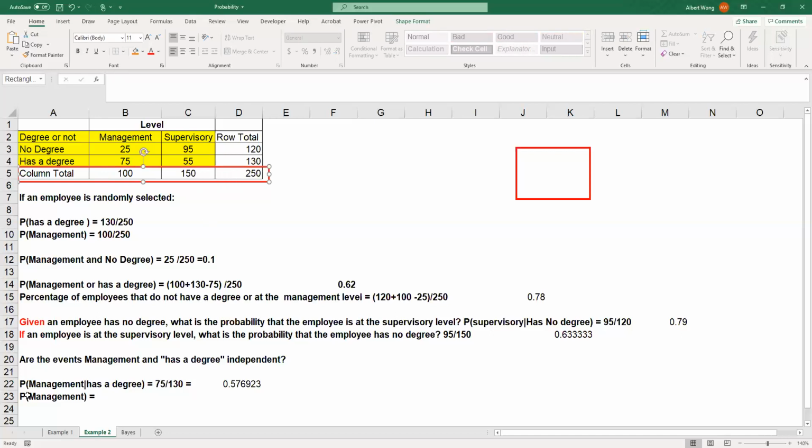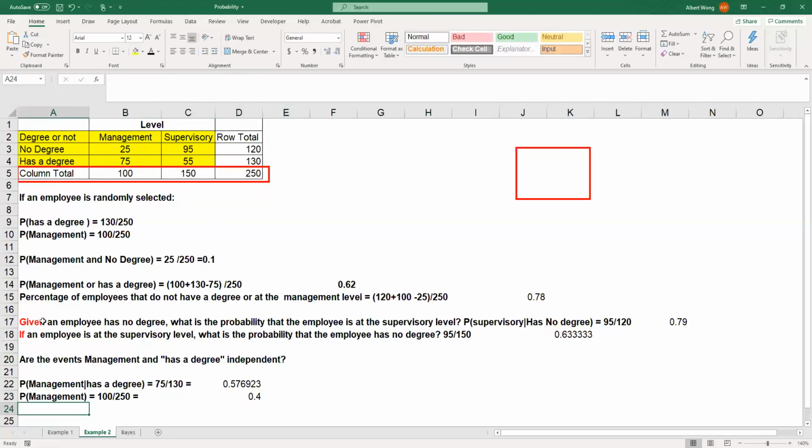So the probability that an employee is at the management level is equal to 100 divided by 250. Again, because we need to do the comparison, we should use Excel or a calculator to calculate this number. So 100 divided by 250, and the answer is 0.4.